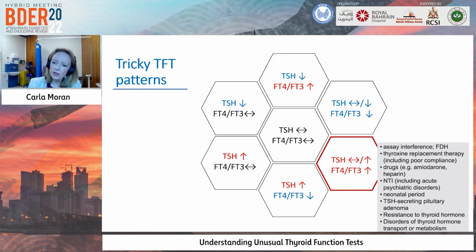This pattern can occur with thyroxine replacement therapy, including due to poor compliance. Medications can cause it, such as amiodarone. Again, the non-thyroidal illness state can cause it. It's a typical pattern in the neonatal period. And rarely it can be due to a TSH secreting pituitary adenoma, resistance to thyroid hormone, or disorders of thyroid hormone transport or metabolism.